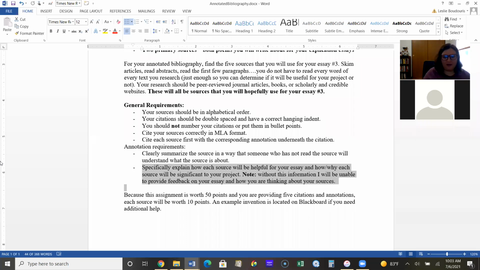But with the explanation for how or why it's going to be useful to your project, I can see your thought process and provide feedback before you even start writing. So it's kind of like a pre-writing tactic. By getting your sources, I can see everything. I can make sure they're credible. I can see how they're connecting to each other, or if they're not, I can provide feedback on that too.